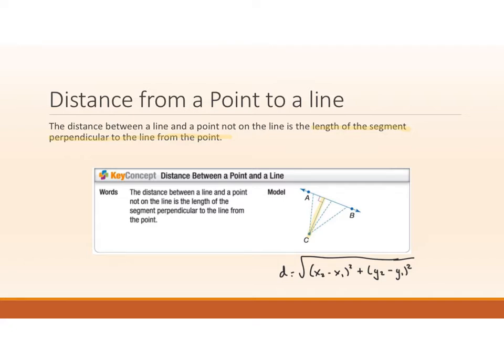You have this line over here which swings out pretty long, and then this one's a little bit shorter. The shortest distance between any point and a line is the perpendicular line. And that's why we are measuring the length of the perpendicular line, because that one is the shortest.